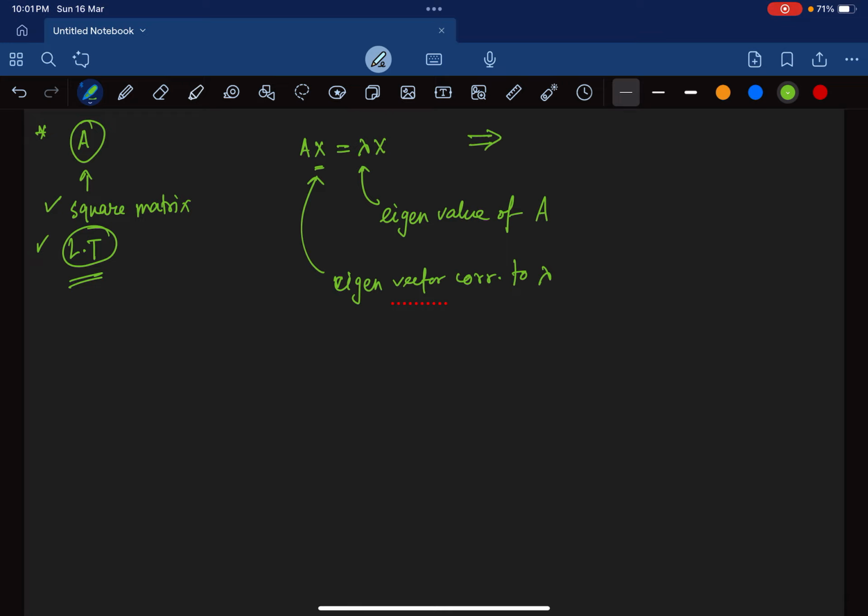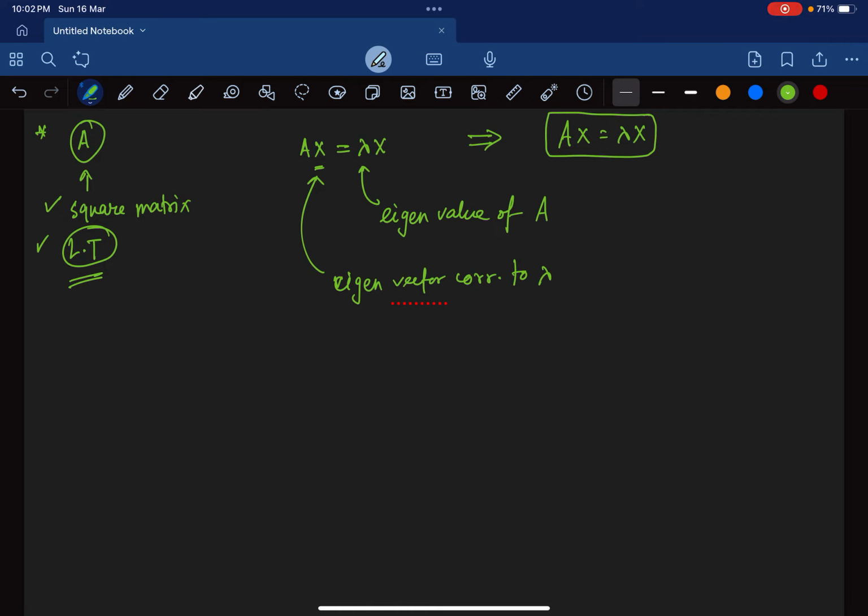So what does it actually mean? First thing you should know is that Ax equals lambda x. This is the main equation, where lambda is the eigenvalue and x is the eigenvector corresponding to lambda. I can take one example so that this concept will be clearer to you.